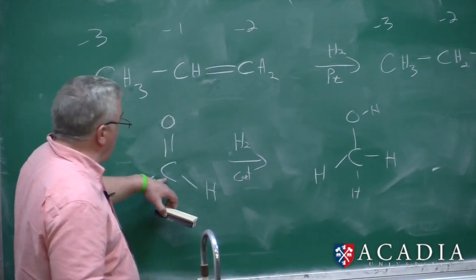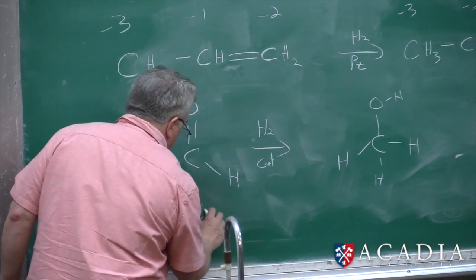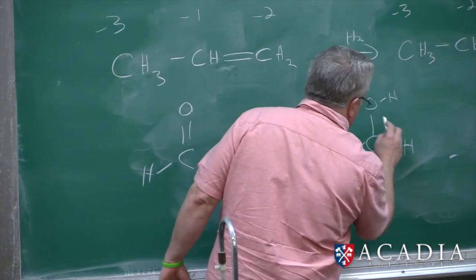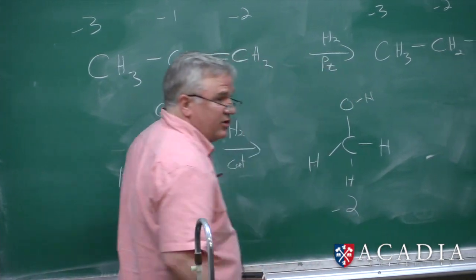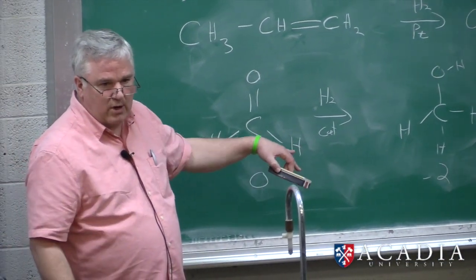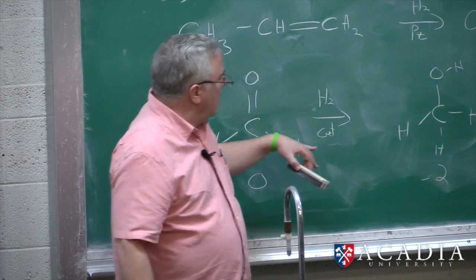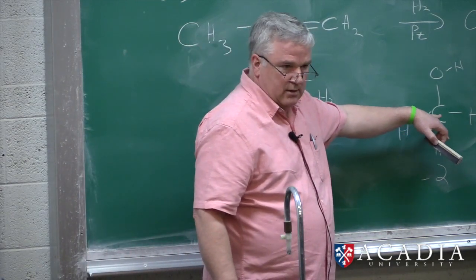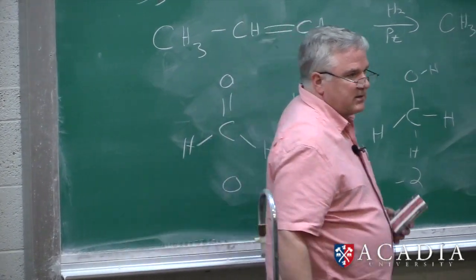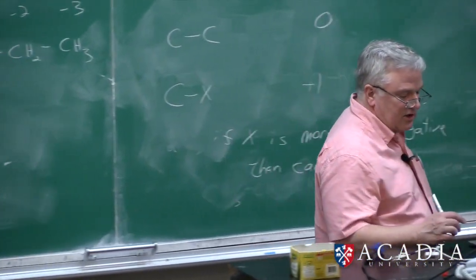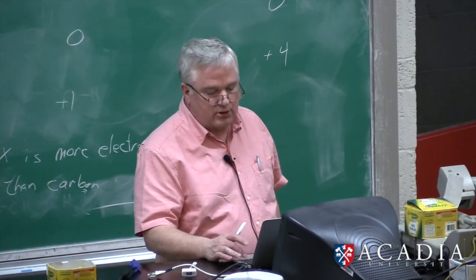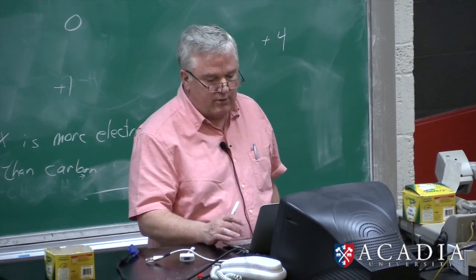Here our carbon goes from 0 to -2. So it's been reduced as well. We've reduced this carbon-oxygen double bond. We talk about reducing the carbon in this case. So that's why the addition of hydrogen in organic chemistry is talked about as a reduction.